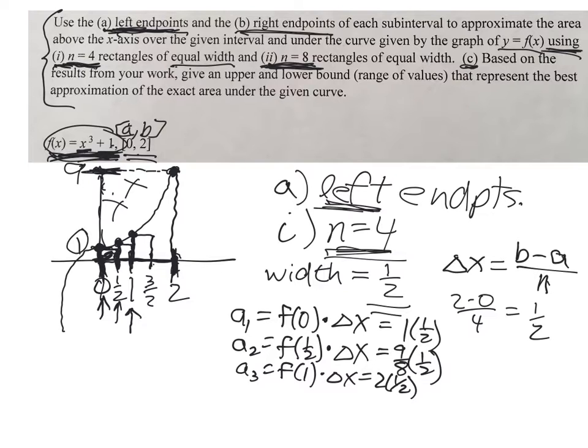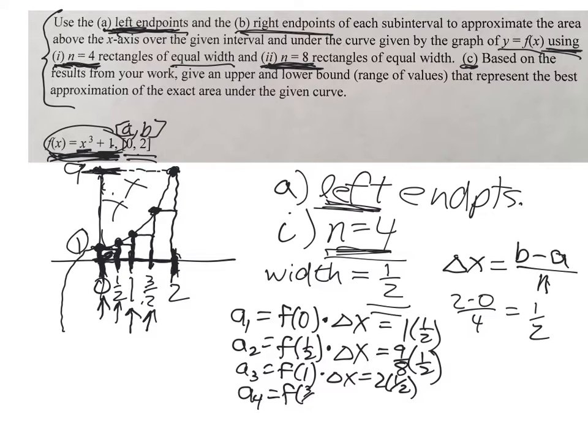That's right. And then finally, our fourth rectangle, left endpoints again, we'll be using 3/2 this time to calculate the height. And our rectangle looks like that.